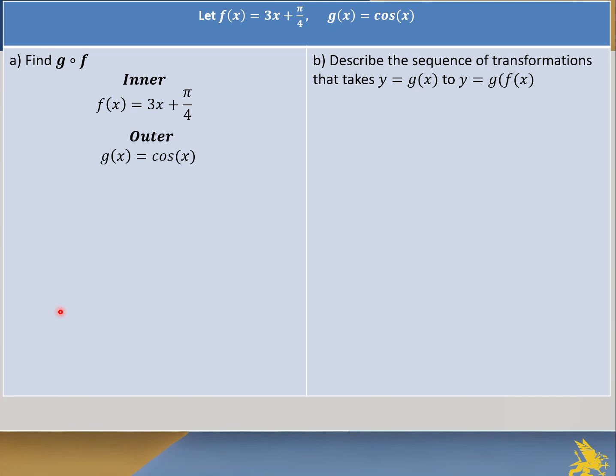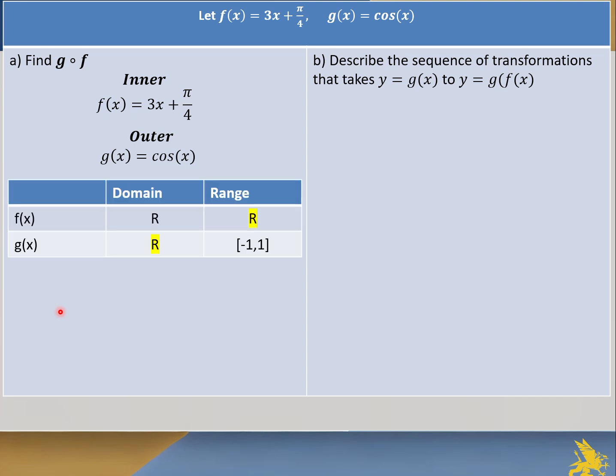Straight away, I'm going to look at drawing a table, with my domain and my range for both functions. For f of x, it is linear, which means it's all real numbers. For g of x, we know the amplitude is 1, so its range is -1 to 1, and of course our domain is all real numbers.